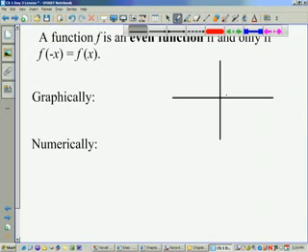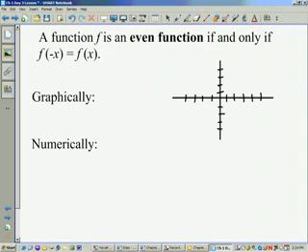So I'll put in some points here. So if we have the point 1, 2, and 2, -1, and 3, 1, let's say.